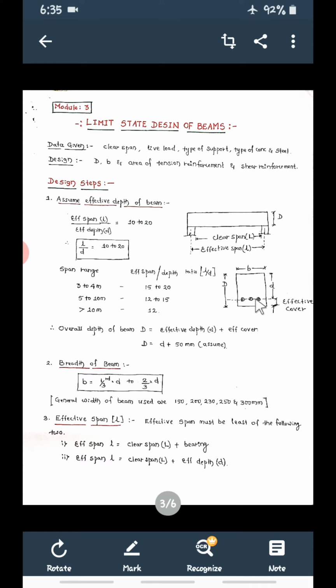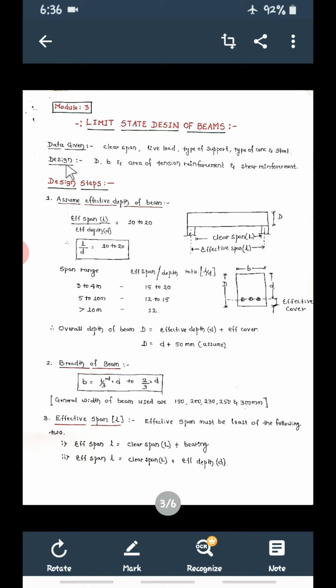If shear stresses come in the beam, to take these shear stresses we require stirrups or bent up bars. So these stirrups are known as shear reinforcement. Bending moment will be taken by the main bars, but shear will be taken care of by the stirrups. So when you start the design, we are going to get this. How to calculate the shear reinforcement, that we are going to see.